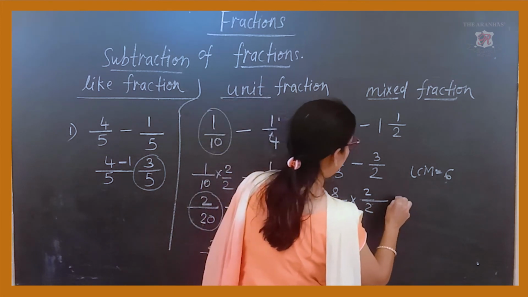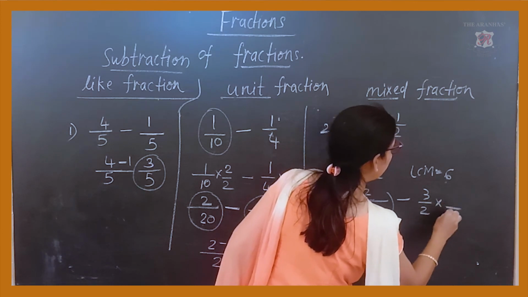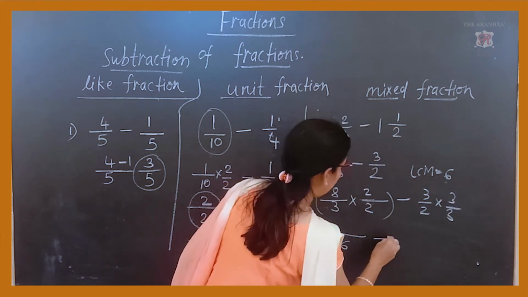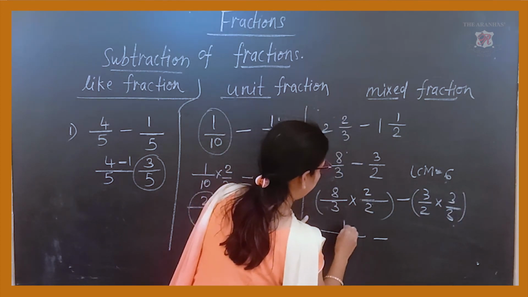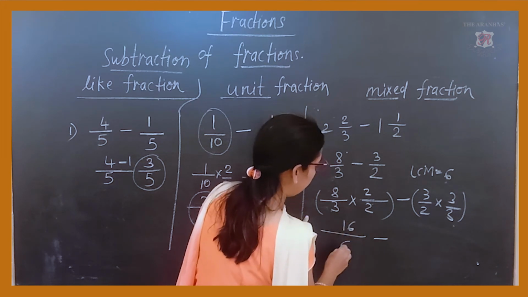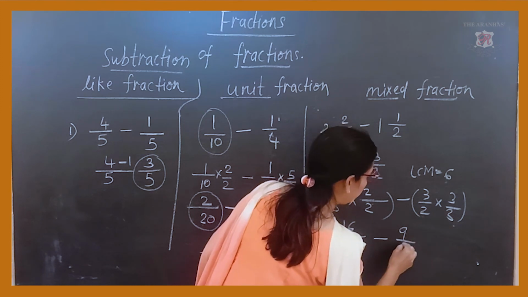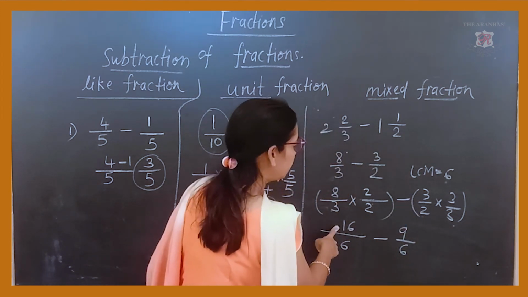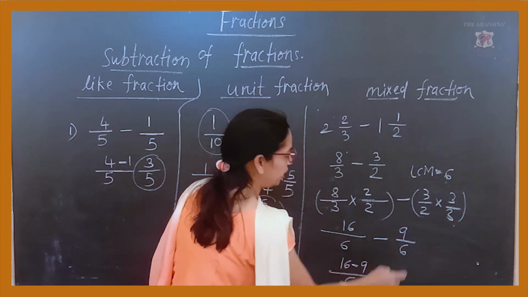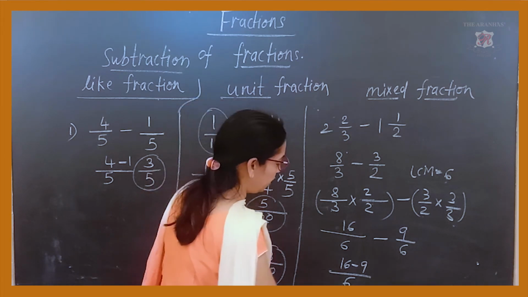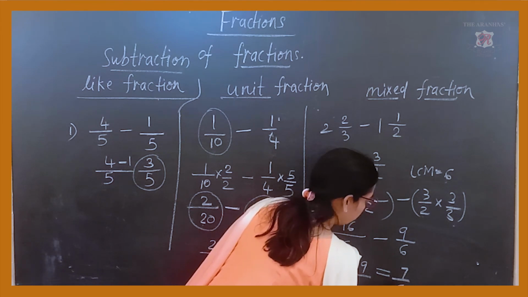And here we take this 3 upon 2 multiplied by 3. Now 8 twos are 16 upon 6, minus 3 into 3 is 9 upon 2 threes are 6. Now here you write 16 minus 9, and write the denominator once, 6.